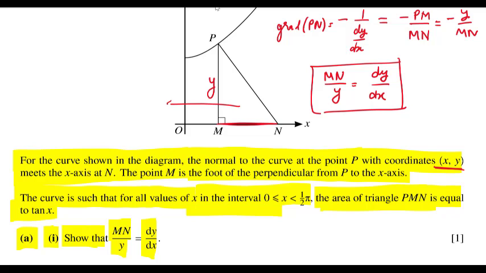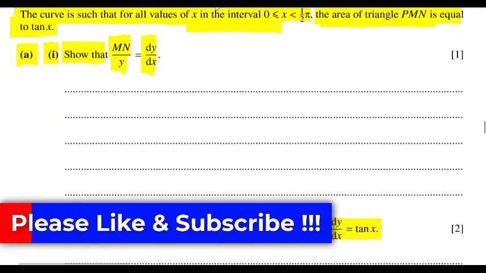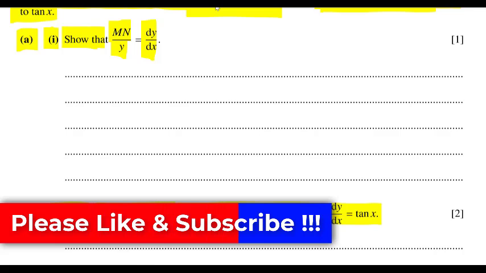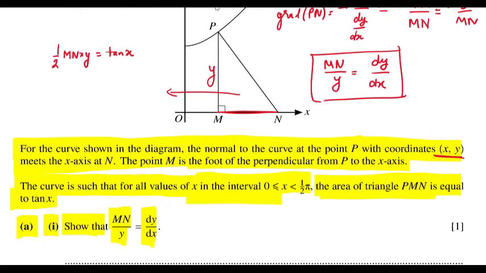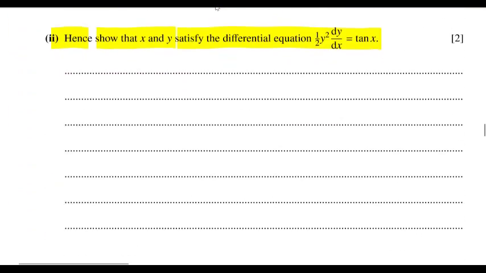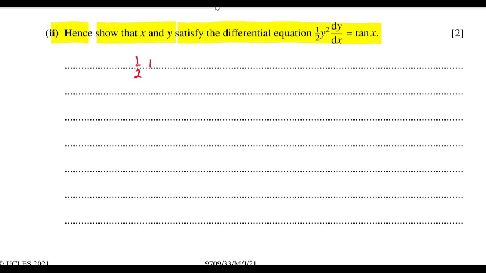So area of this triangle is going to be half base into height, and this is given as tan x. This is from the question. And from the first part we have seen MN upon y equals dy over dx. So what we will do, I will substitute the value of MN from the first part into this, and then we will get half MN into y equals tan x.